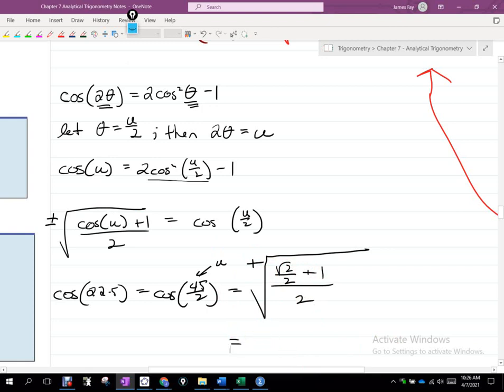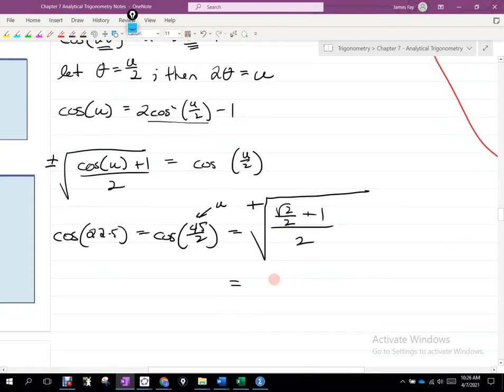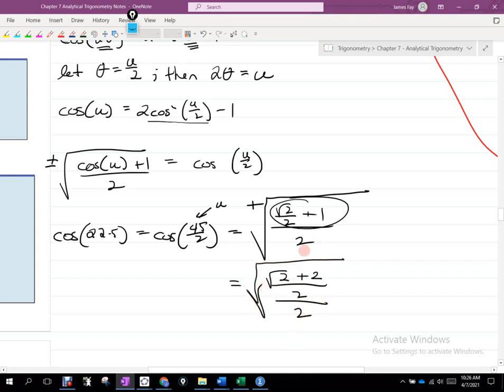That ends up being, with a common denominator, radical 2 plus 2 all over 2 from that thing there. And then it's all over 2 again with that denominator there. Multiply by the reciprocal of that, and it's going to give you radical 2 plus 2 over 4.